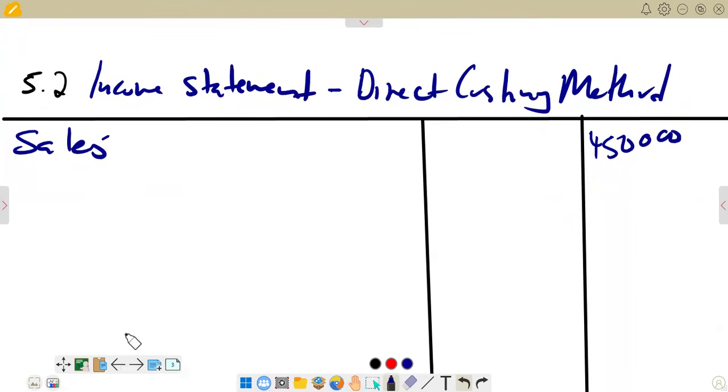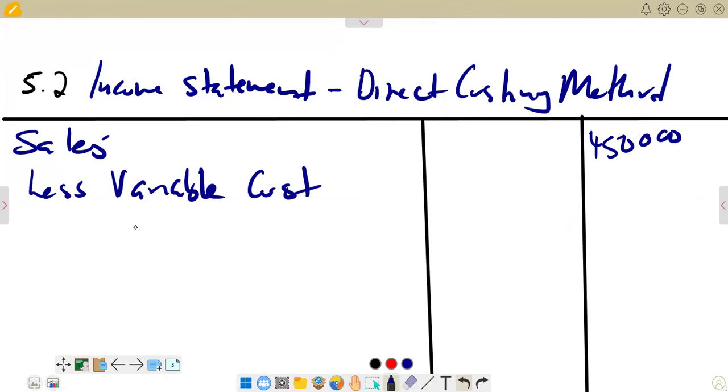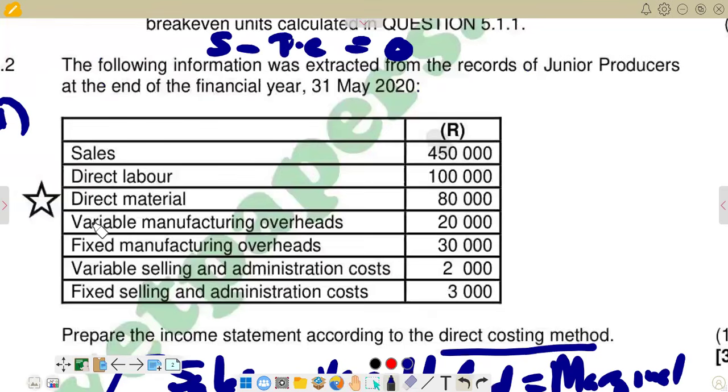We are saying less variable cost. But for our variable costs, we have components of variable cost in the question. If you come here, you see that we have variable manufacturing overheads, 20,000.